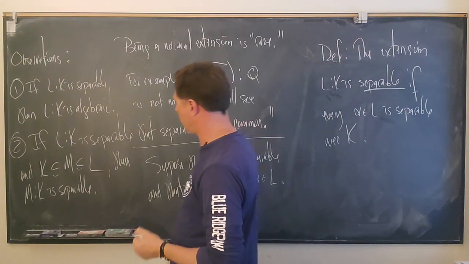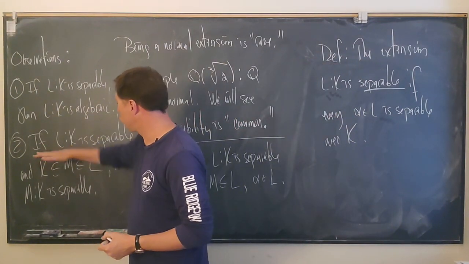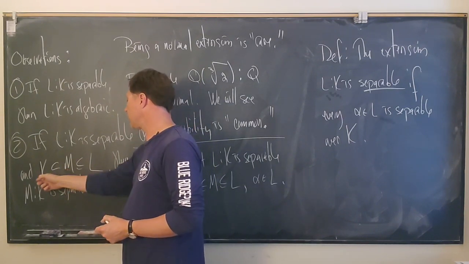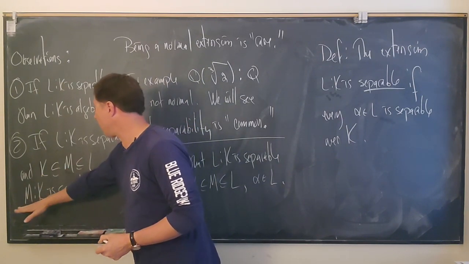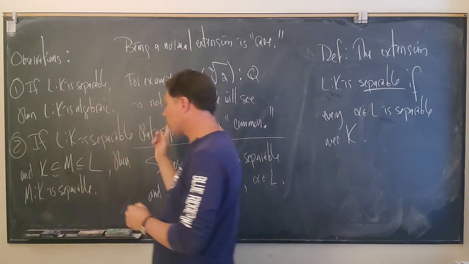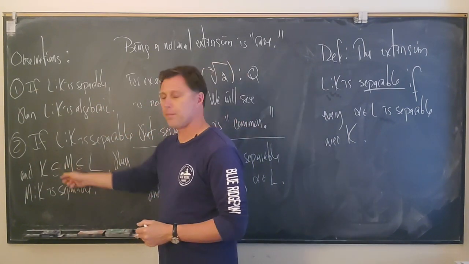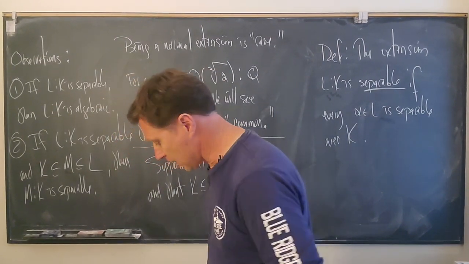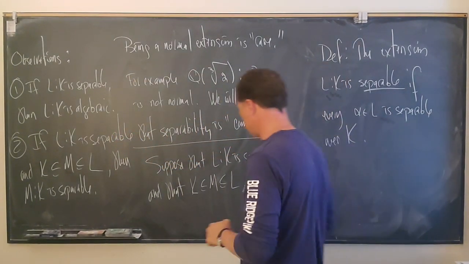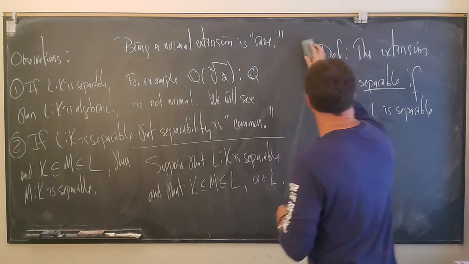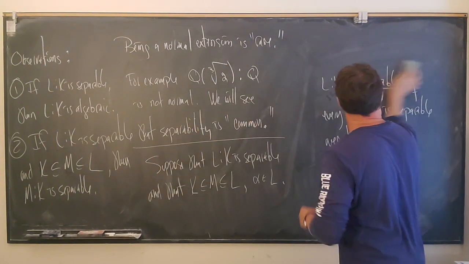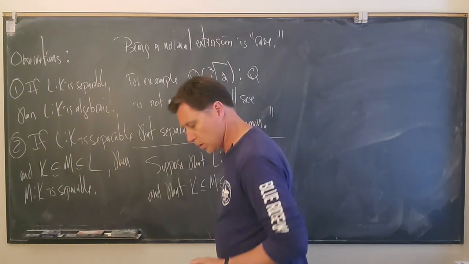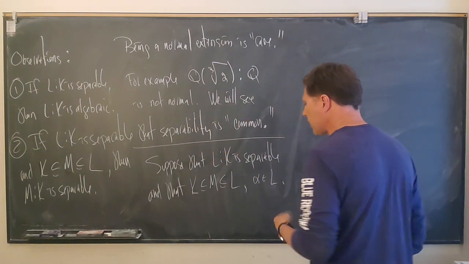What we saw a second ago in this observation part 2 right here, we saw that if you have a field in between K and L, then the extension M over K is separable. There's the question now, what about L over M? Separable or not? Now, we chose this alpha, so I want to look at the minimal polynomials now.